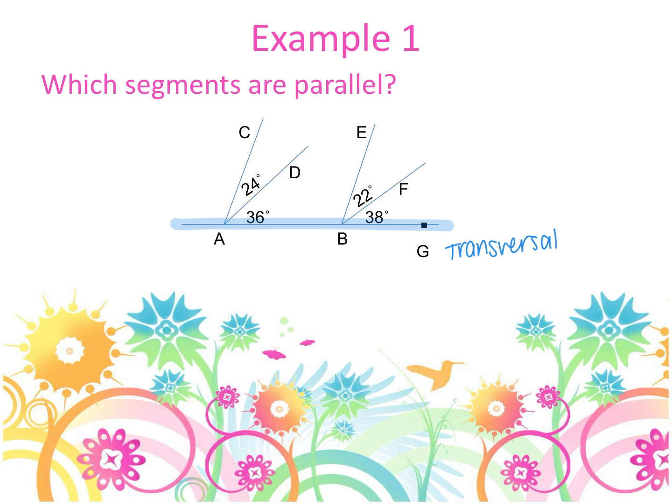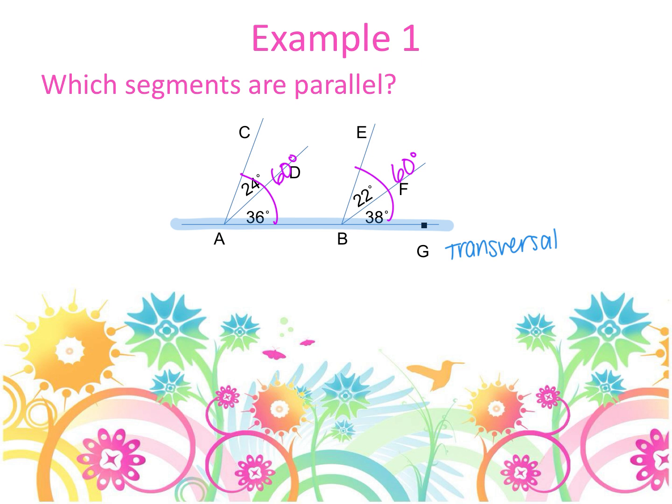Katya? Okay, so looking at it, AC and EB, what do those angles equal? 60 and 60. Okay, so if they're both 60, will they make my lines parallel? Yeah.